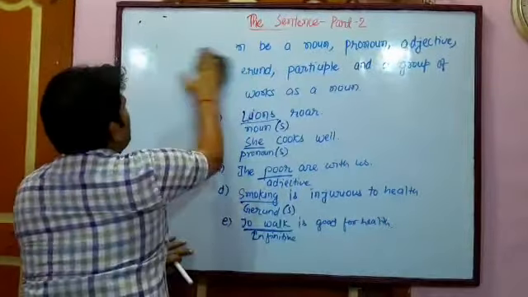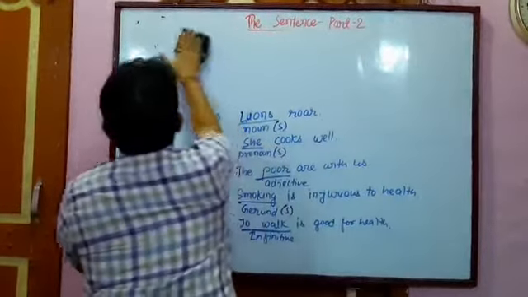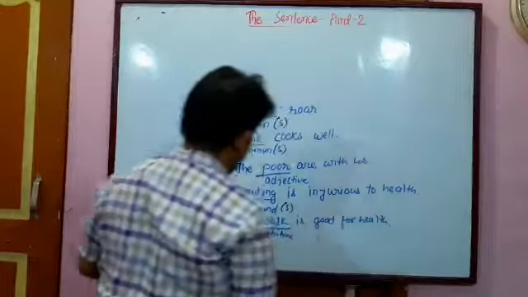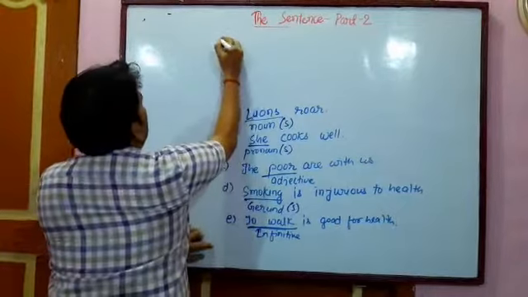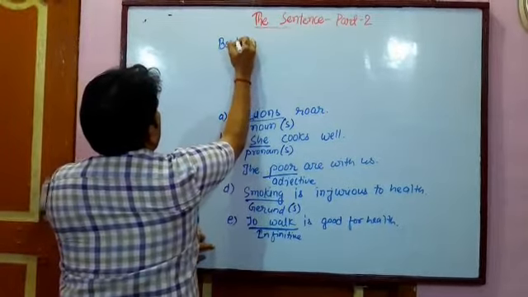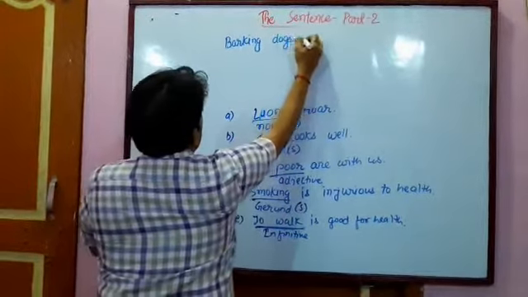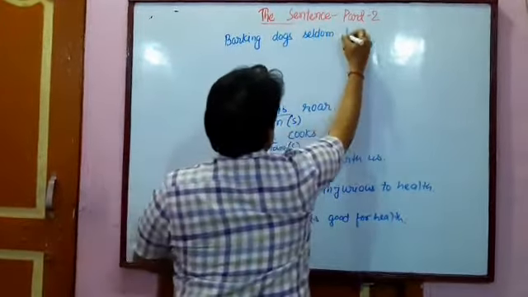After that, we will take a few examples to make you understand about the participle and some other words. Barking dogs seldom bite.